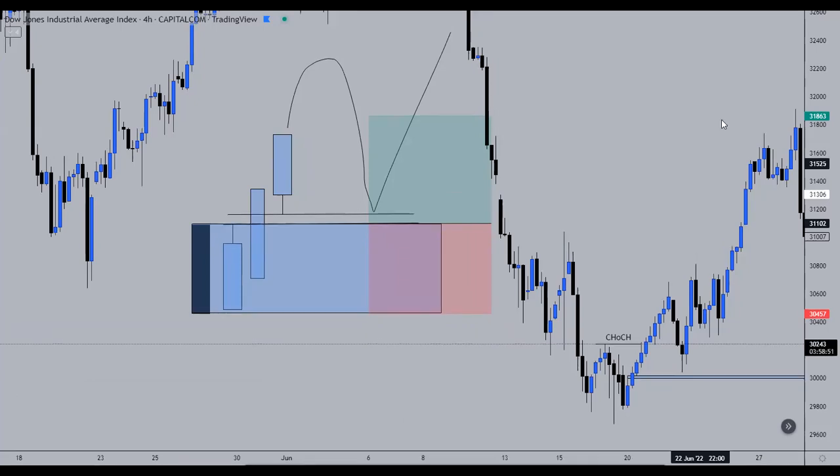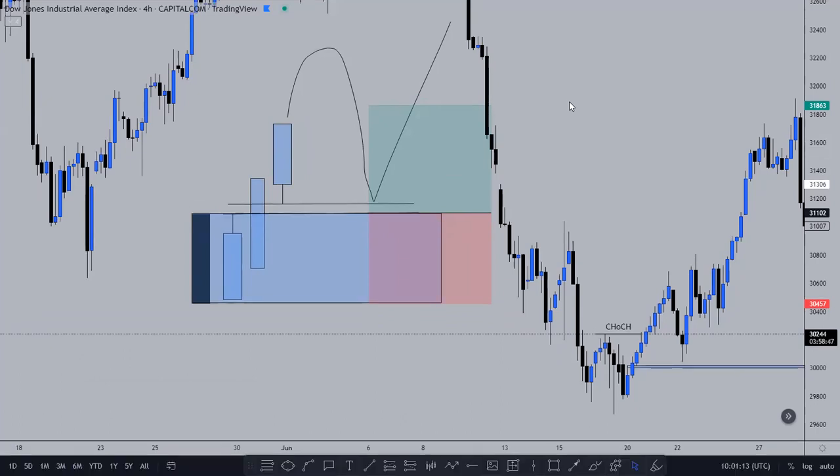So at the end, you can get it there, on the order block and the fair value gap.